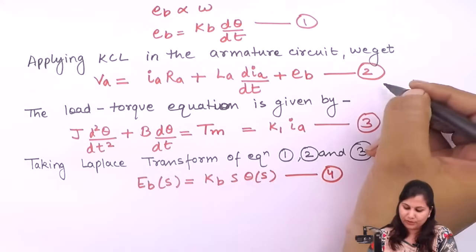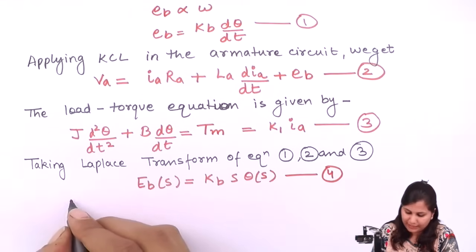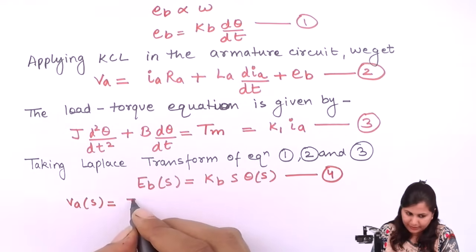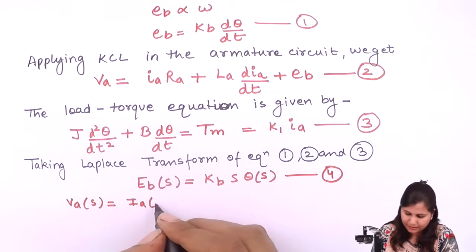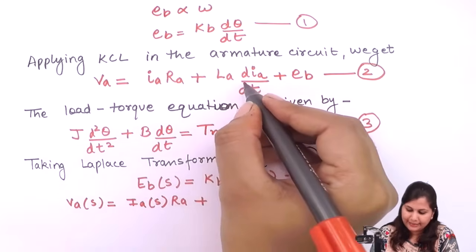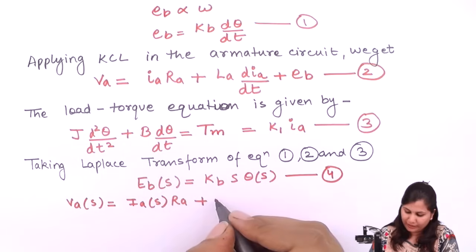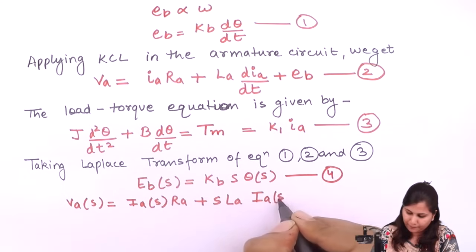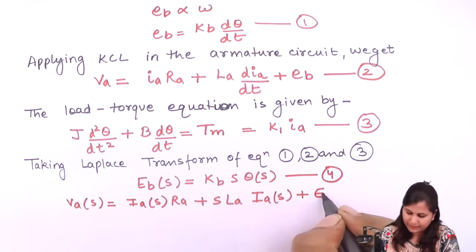Now taking the Laplace transform of the second equation, we will have VAS equal to IAS RA plus SLAIAS plus EBS.